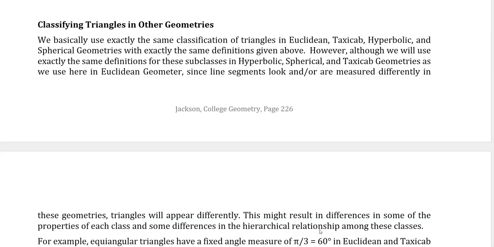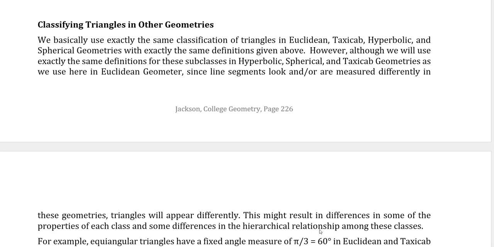So classifying triangles in other geometries is the same thing as classifying them in Euclidean geometry. We have exactly the same definitions regardless of which geometry we use for triangles and these different subclasses. So the basic idea is the same in Euclidean, taxicab, hyperbolic, and spherical geometries with exactly the same definitions.